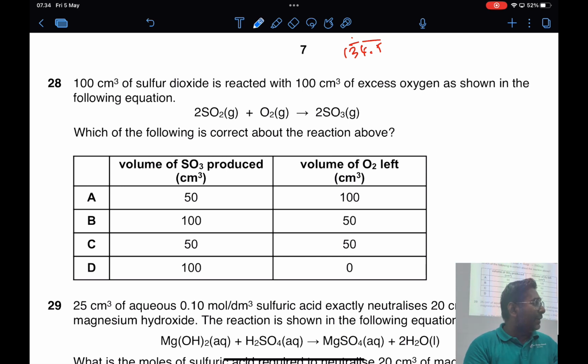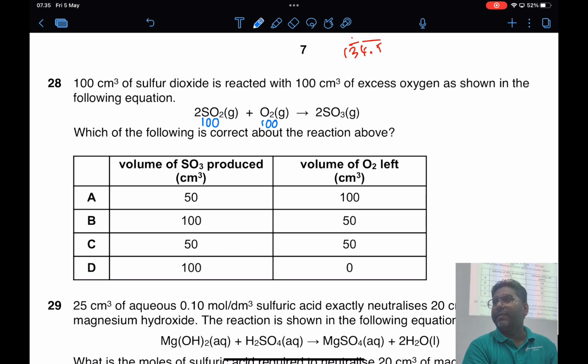But the criteria is all the reactants and products must be in gas before you use this assumption. In this case, all of them are in gaseous form. So if you have 100 sulfur dioxide, take it like number of moles, 100. And then oxygen is also 100. And they mention it's going to be excess oxygen.